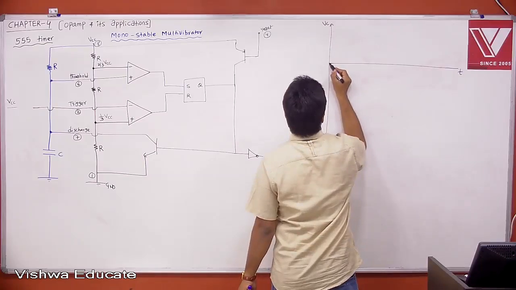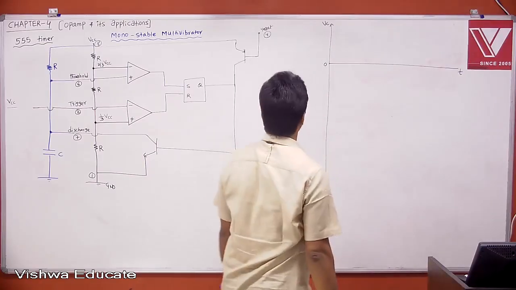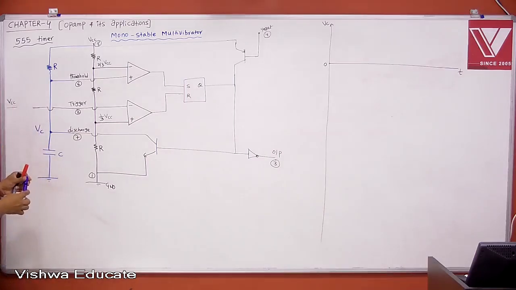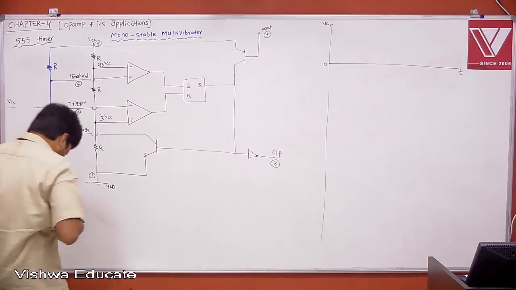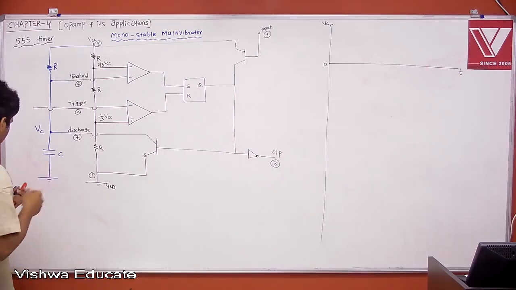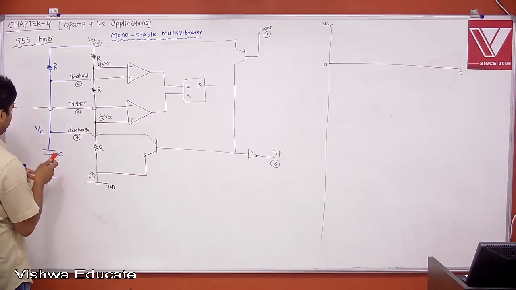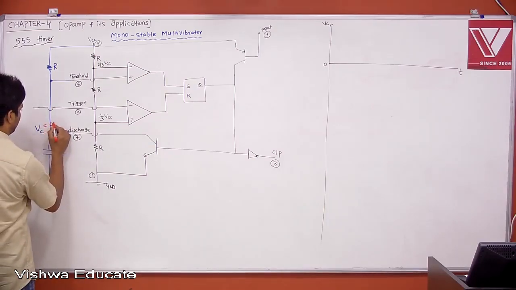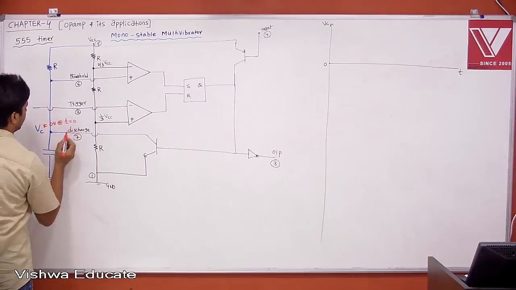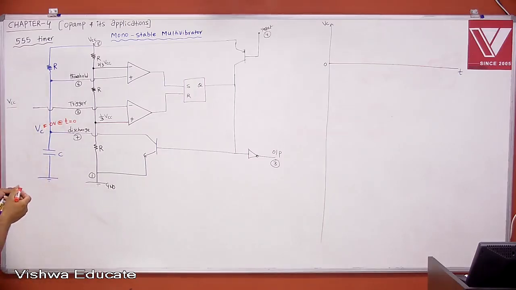Initially, let us say the voltage across the capacitor is 0.